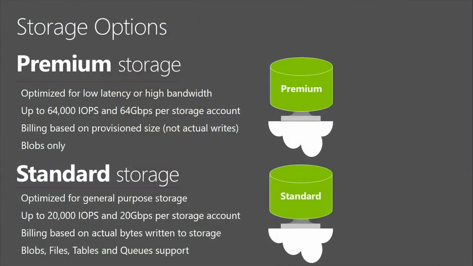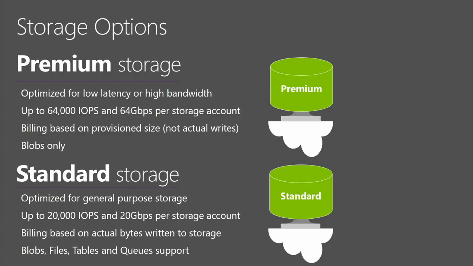And so the other major thing that we introduced as part of the D series family is the introduction of premium storage. Previously we only had standard storage, which is great for most types of workloads.